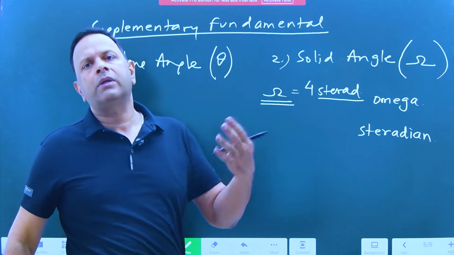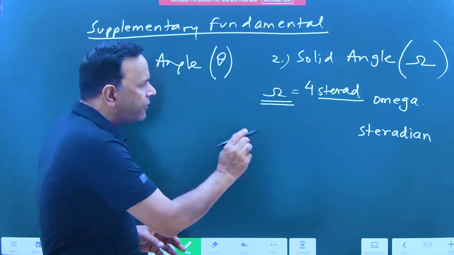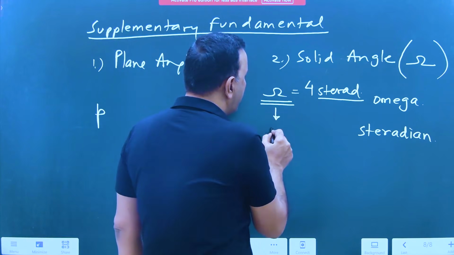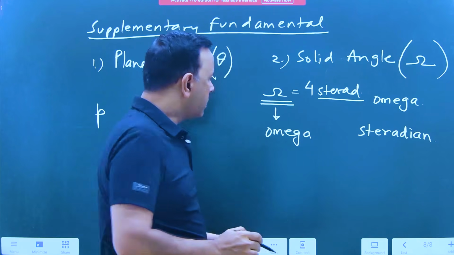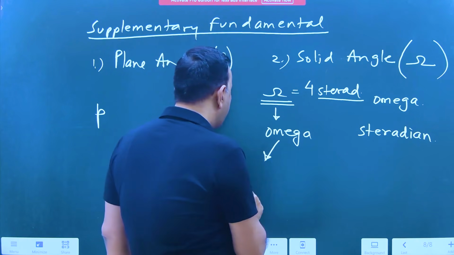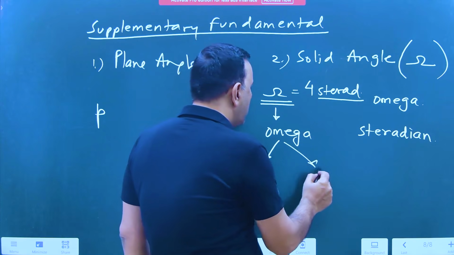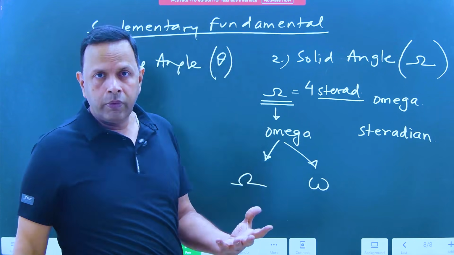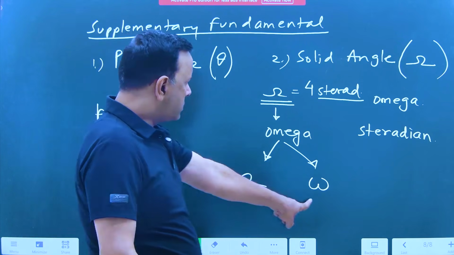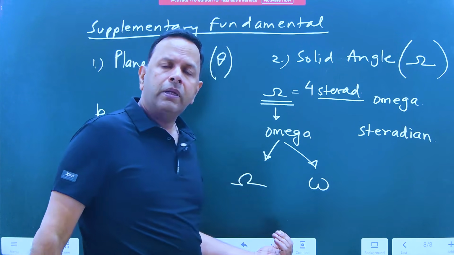different physical quantities. This alphabet is read as omega. Now this omega can be written in the upper case like this, and in the lower case omega is written like this, something like W. So this is the lower case omega, this is the upper case omega.